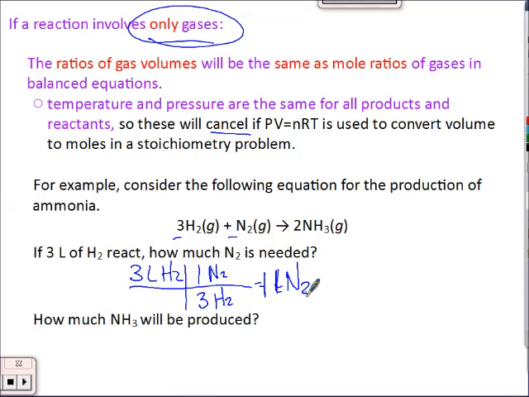How much ammonia will be produced? 3 liters of hydrogen. There's 2 NH3 for every 3 hydrogen. Hydrogen cancels out. I'm left with 2 liters of NH3 made or produced if I have 3 liters of hydrogen reacting.